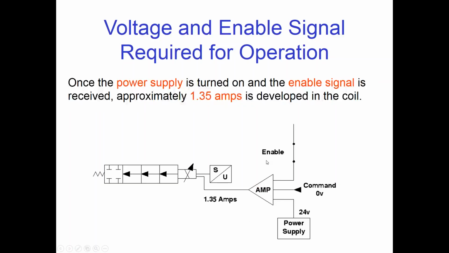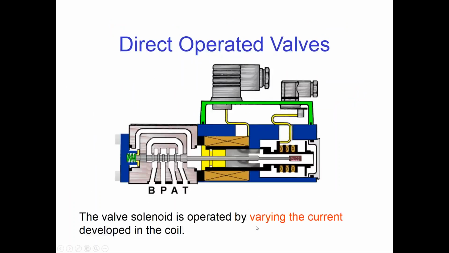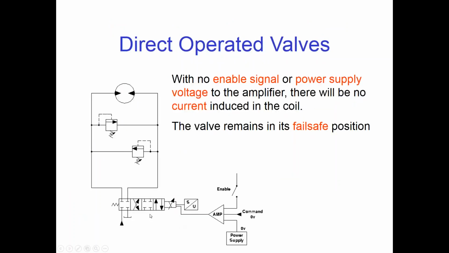Once we get our enable signal and our power supply is available, then that's going to generate enough current in the coil to compress the spring just enough to move the valve out of its fail-safe position and into its center position. Right, now let's go back and look at the power off condition here.